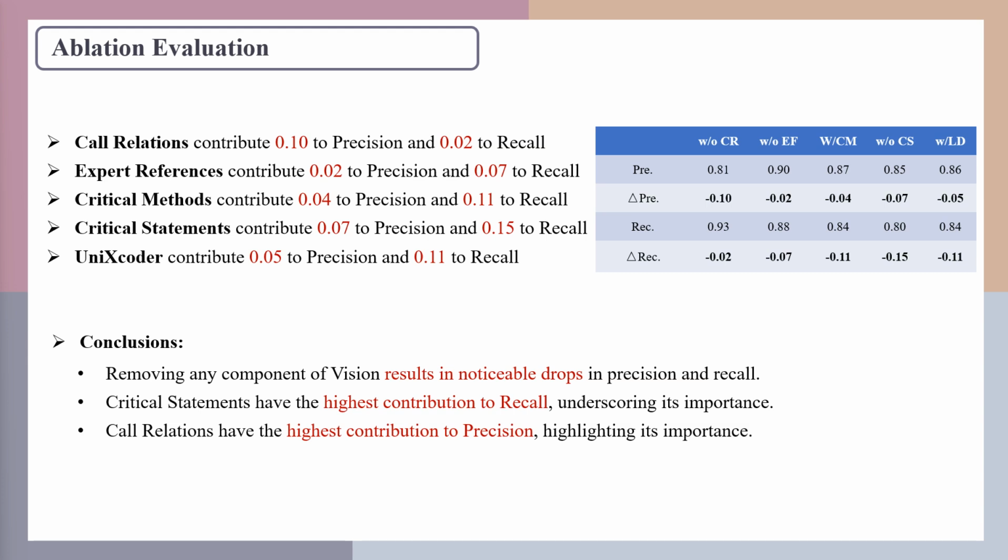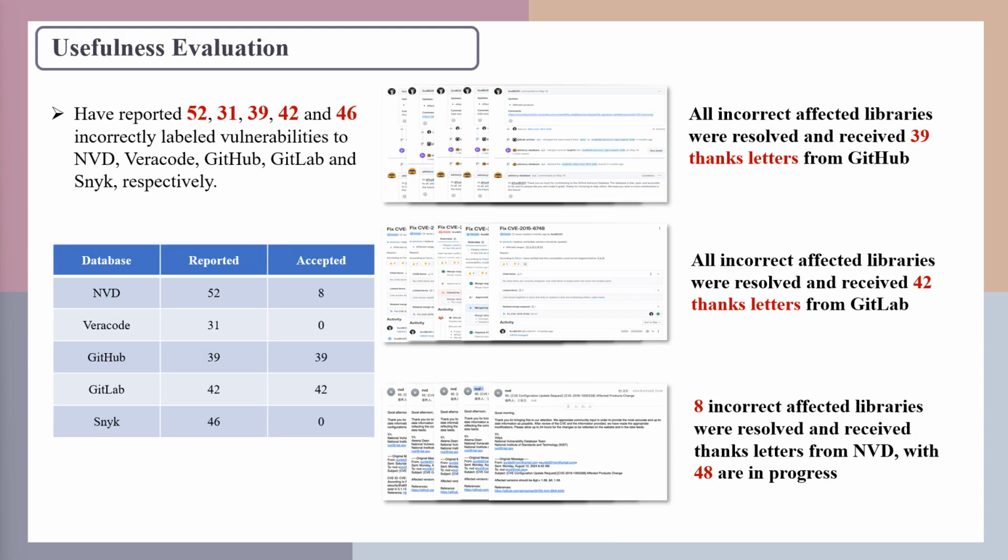Besides, Vision has reported many incorrectly labeled vulnerabilities to NVD, VulDB, GitHub, GitLab, and Snyk, respectively, and received many thank-you letters from GitHub, GitLab, and NVD, while others are in progress.